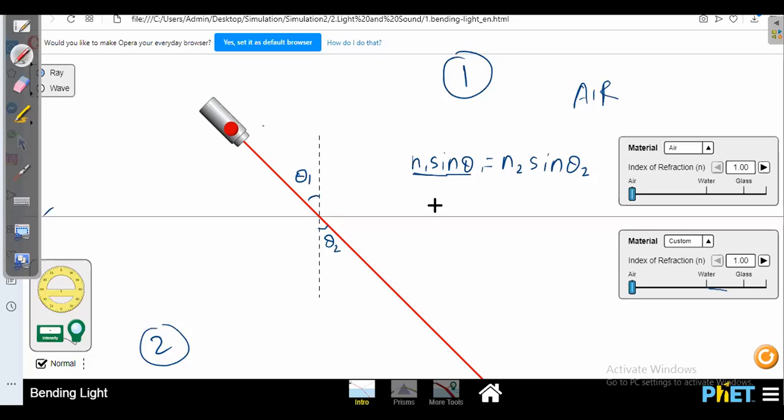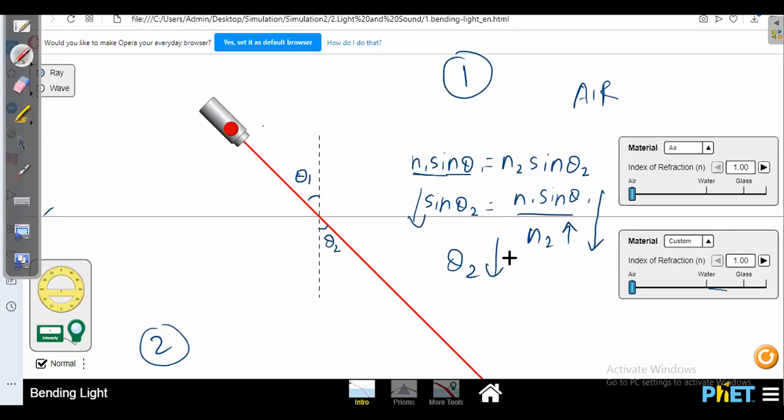To find sine theta 2, the numerator n1 sine theta 1 is not changing, but the denominator n2, the refractive index of medium 2, I am going to increase. When I increase it, the overall quantity will decrease. If this side decreases, then this side will also decrease. Finally, theta 2 will decrease.